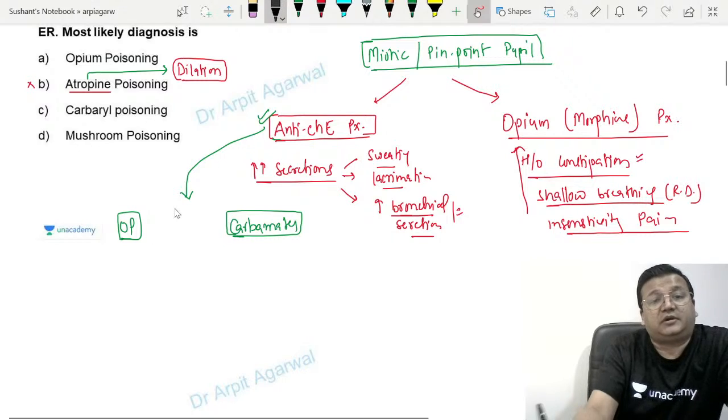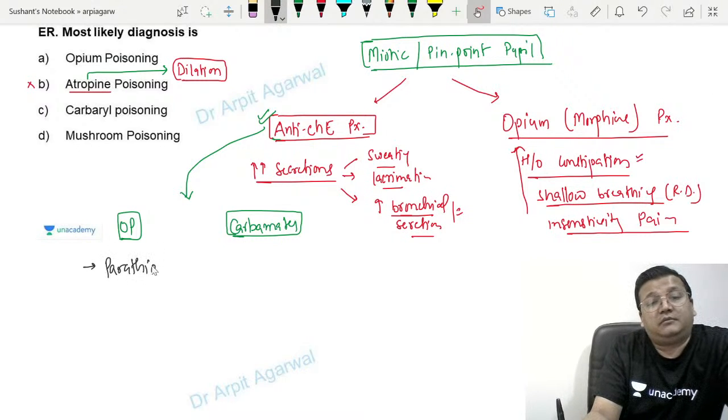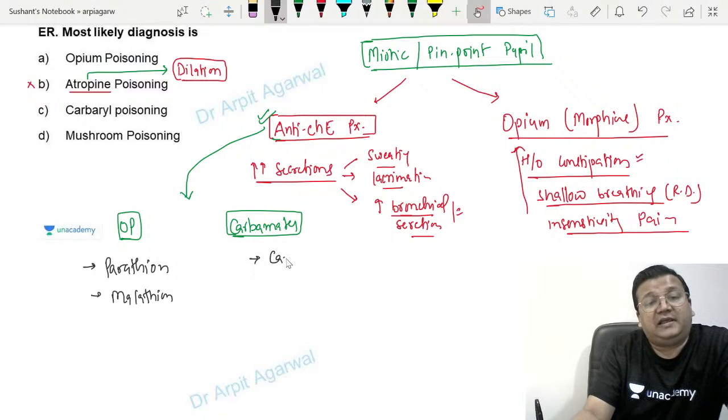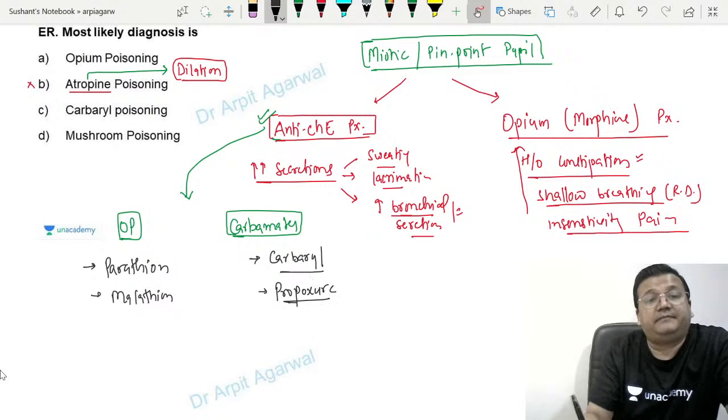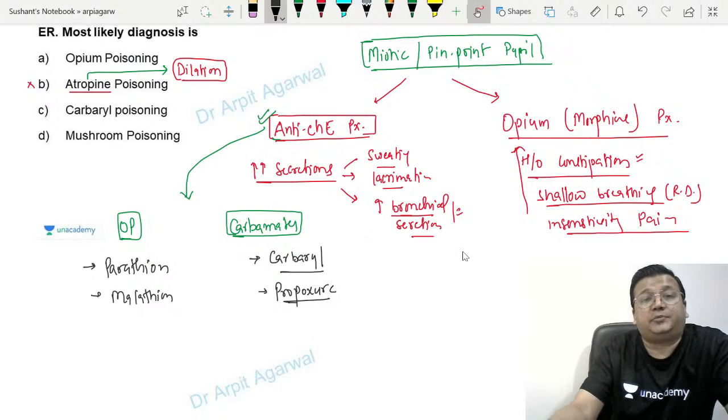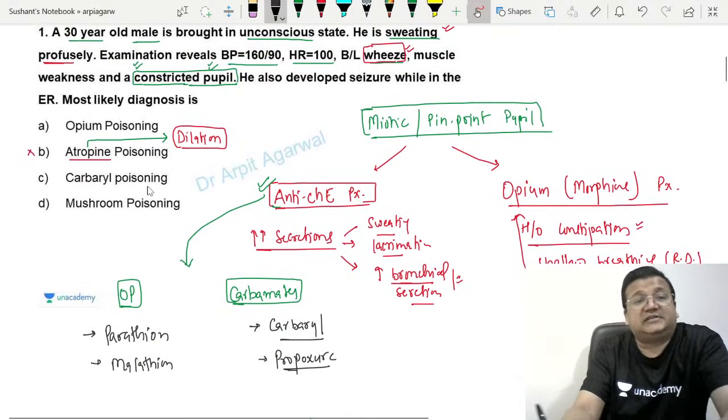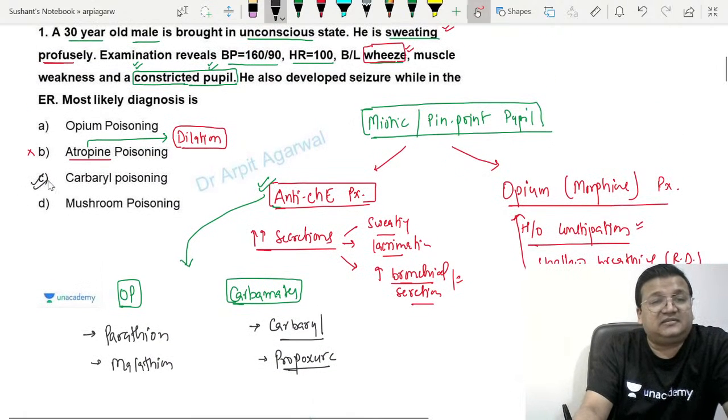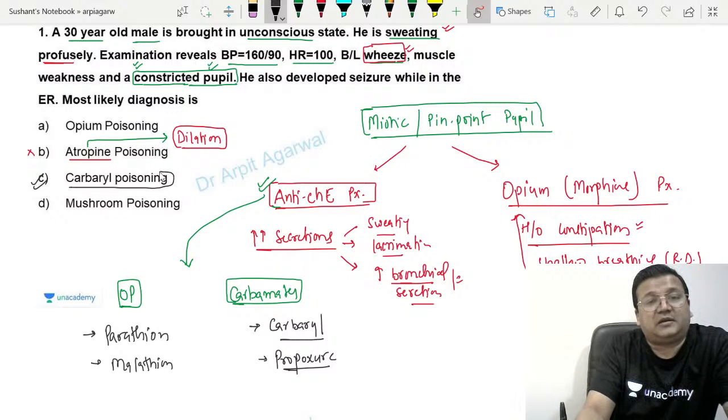In organophosphorus, you can be given names like parathion and malathion. In carbamates, you can be given names like carbaryl and propoxur, used as Baygon insecticide. So this is anticholinesterase poisoning we are looking at. So what is the answer now? Answer is C, carbaryl. What is carbaryl?